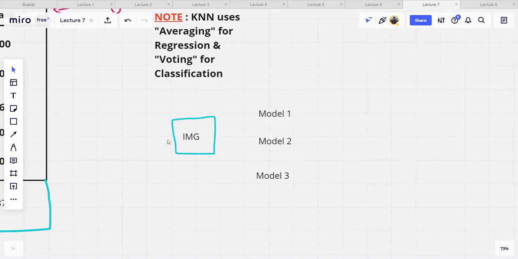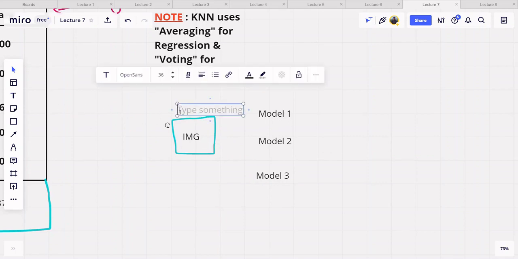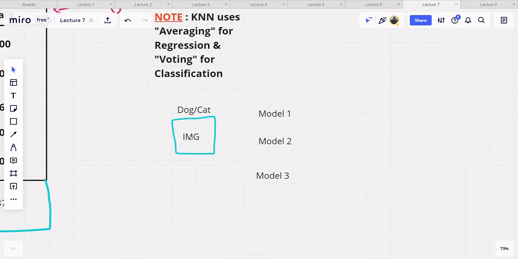For example, let's say this image can either be a dog or a cat. So basically we are trying to classify if this image is a dog or a cat, and we have trained multiple models for this.